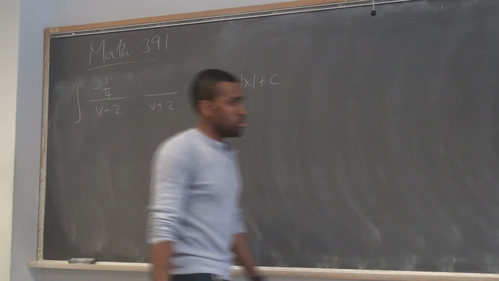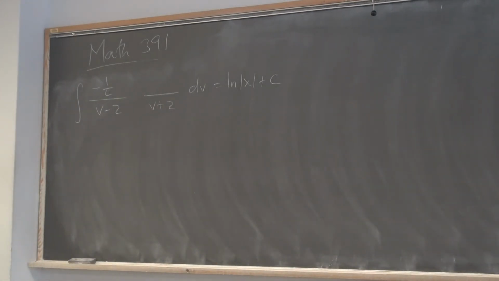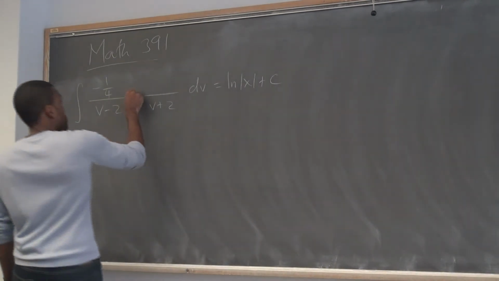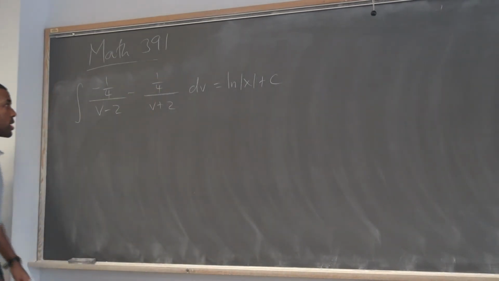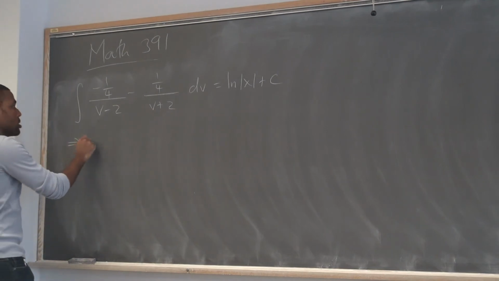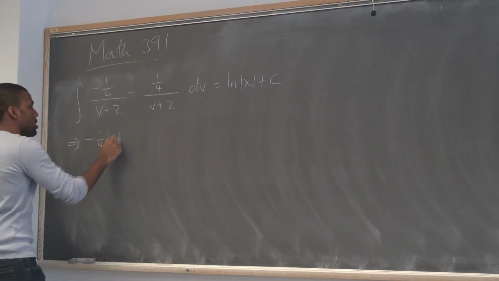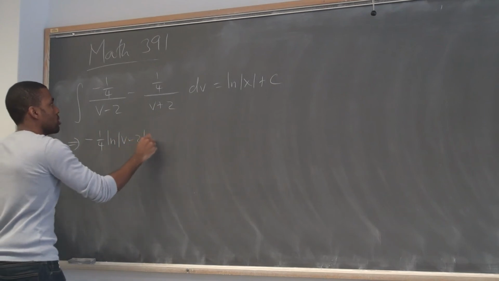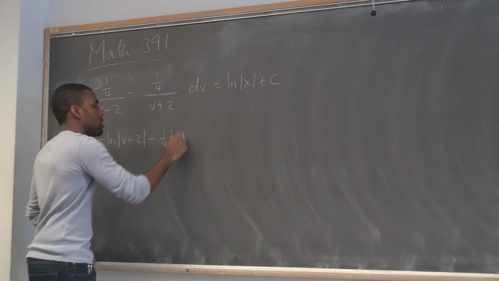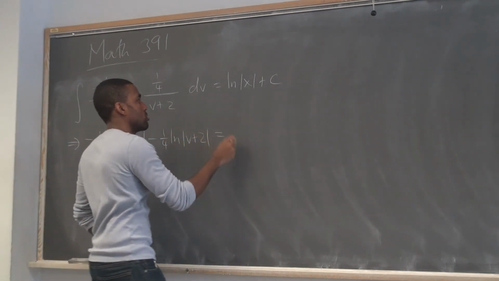V equals minus 2 makes that 0. So plug in minus 2 here. I again get minus 1 over 4. Those are the partial fractions. And so the integral is minus 1 over 4 ln v minus 2 minus 1 over 4 ln v plus 2.